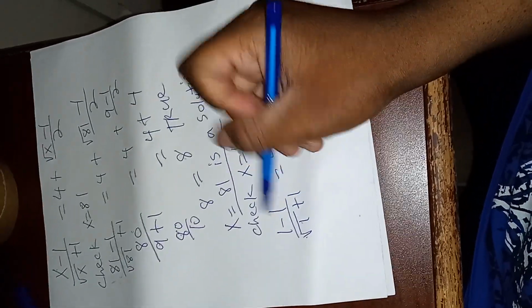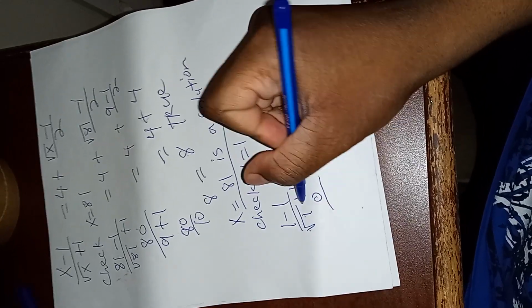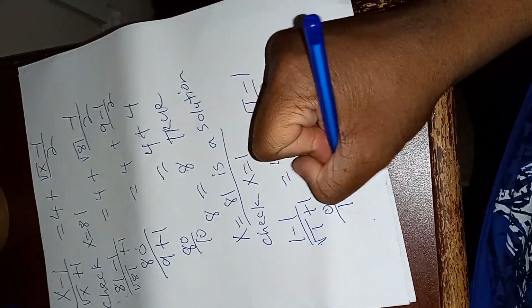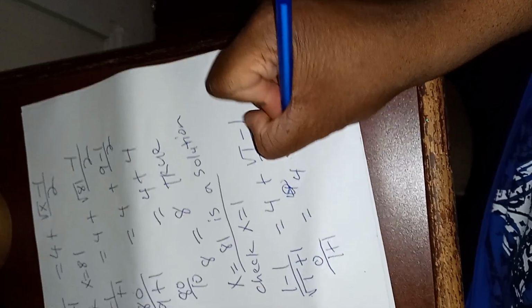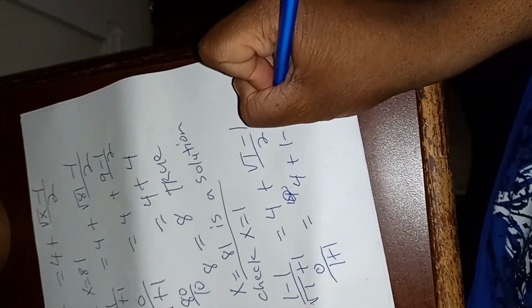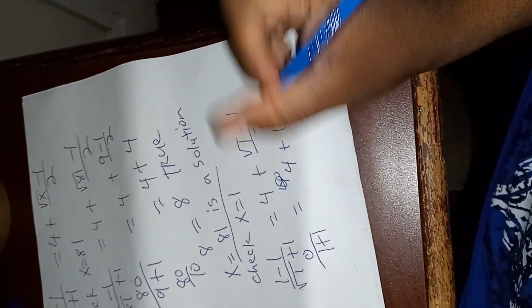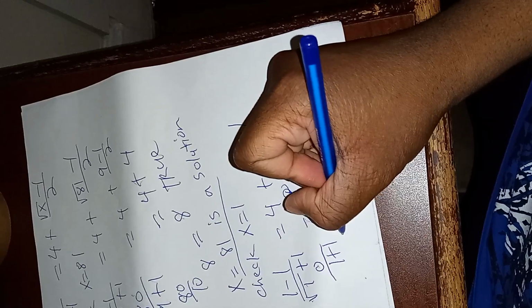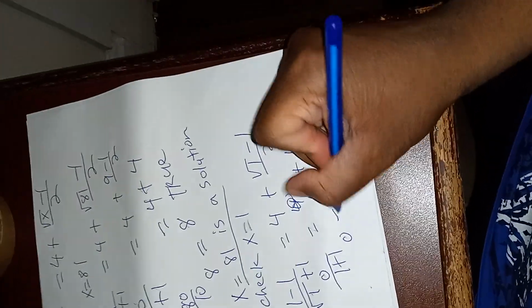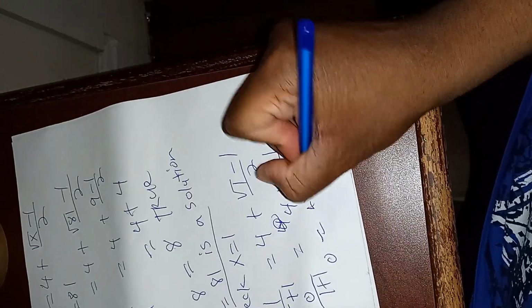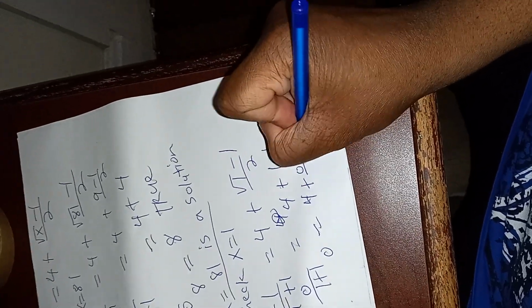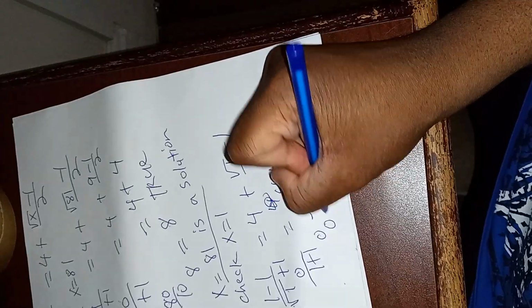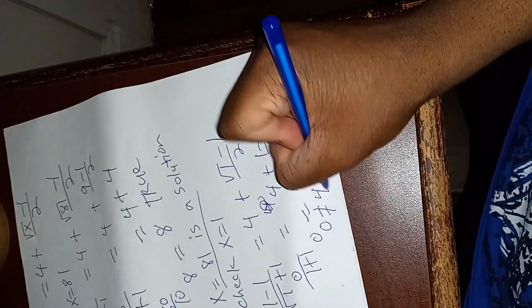So 1 minus 1 is 0, divided by square root of 1 is 1 plus 1 equals 4 plus square root of 1 is 1, 1 minus 1 all over 2. So 0 divided by 1 plus 1 is 0. It's equal to 4 plus 1 minus 1 is 0 divided by 2. So 0 is not equal to 4.